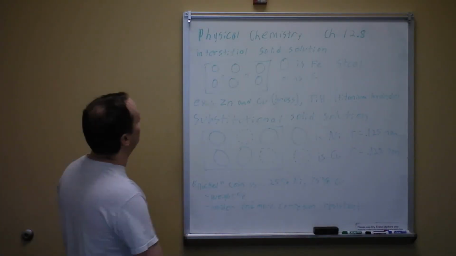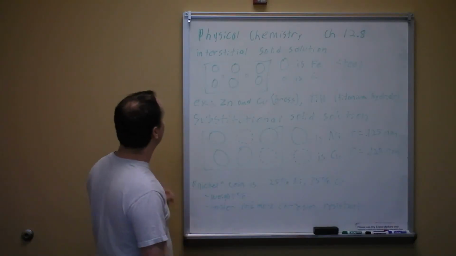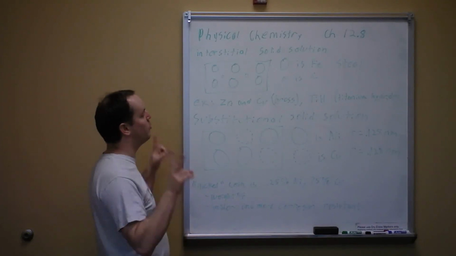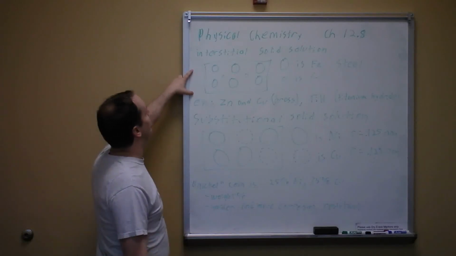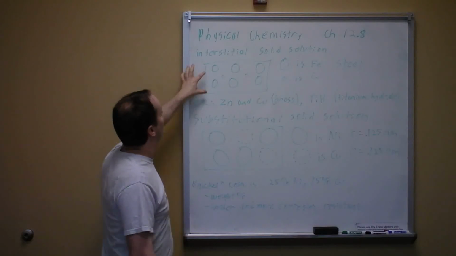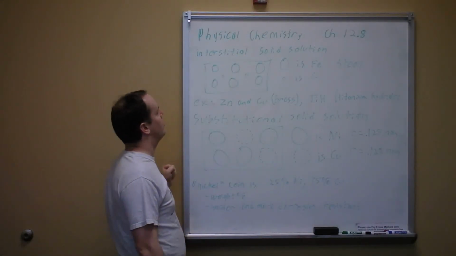Here's physical chemistry again, chapter 12, we're still in section 8. So we talked on the previous slide about how in a solid solution, the atoms or molecules must have an appropriate radius ratio. Now, what that means depends on the type of solution. One is what we call an interstitial solid solution. Notice here we have these huge atoms lined out nice and neatly in whatever crystal structure they have.